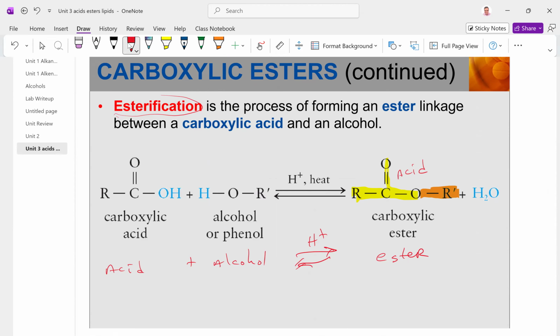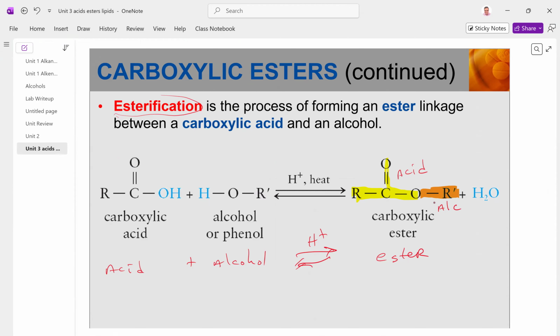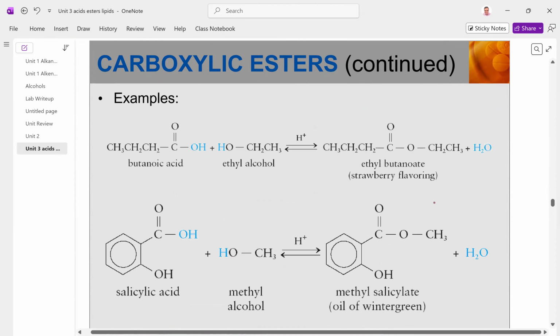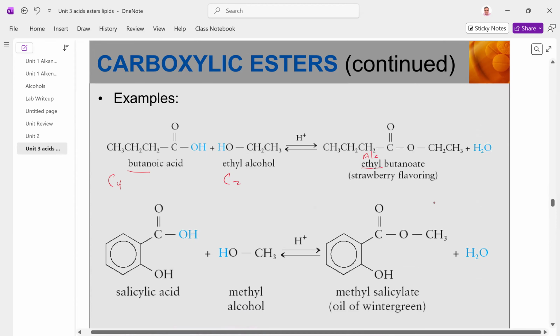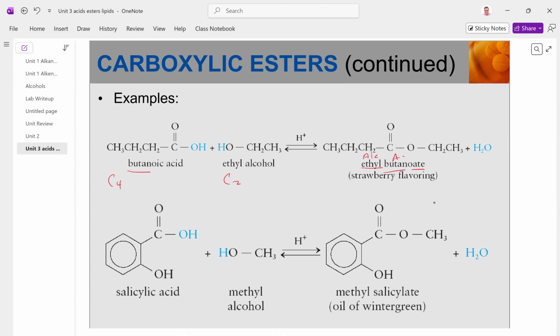So we have the acid part in yellow and the alcohol part in kind of an orange highlighter. Okay, so we have butanoic acid, and that means it's a C4 acid. Ethyl alcohol is a two-carbon alcohol. We form ethyl for the alcohol, and then the butanoate as the acid.